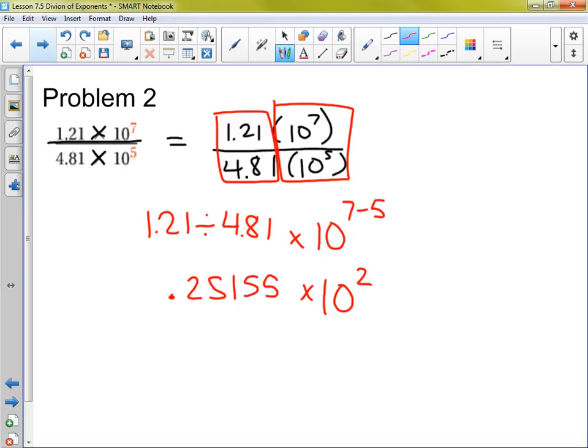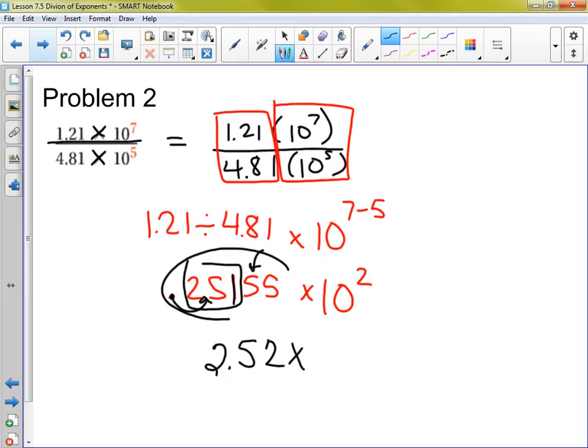But that's all I really need for this problem. Is my answer in scientific notation? No. I've got to take this number and move the decimal point over 1 and get 2.5. Now if I just need the 3 digits and I look to the right and see that it's a 5, I'm going to round this 1 up to a 2.